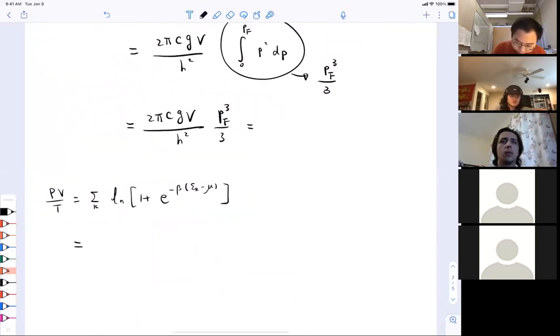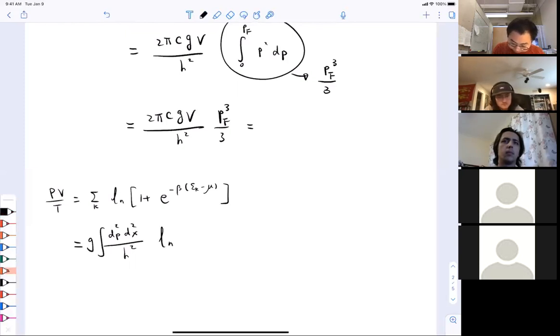So similarly, we convert this sum to an integral, and the integration of some log of 1 plus exponential of minus beta times epsilon p minus mu.